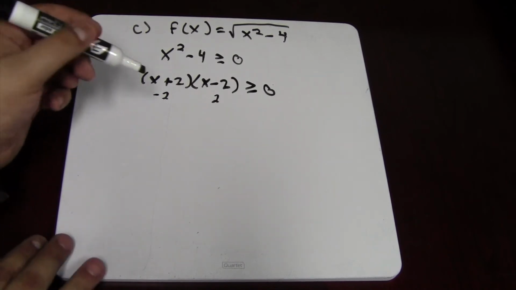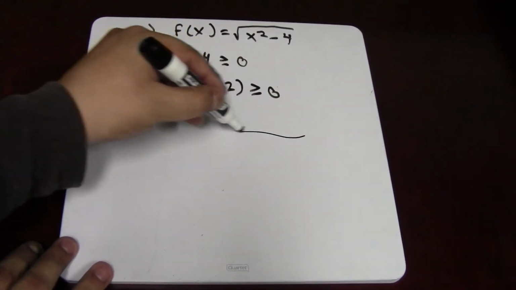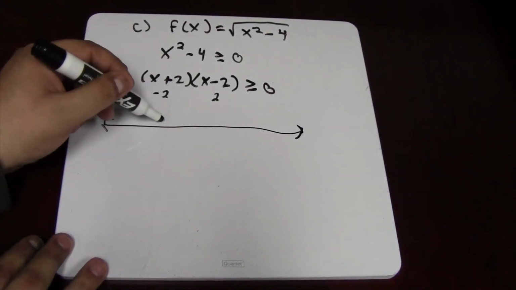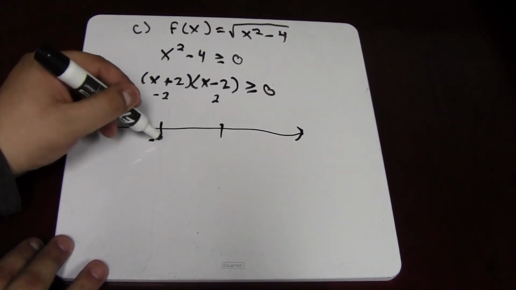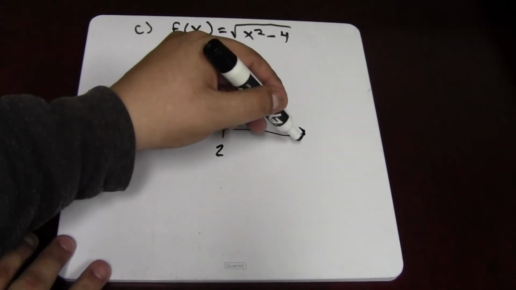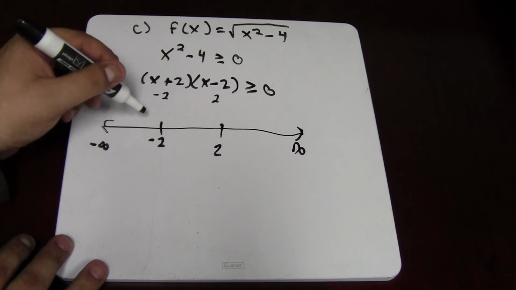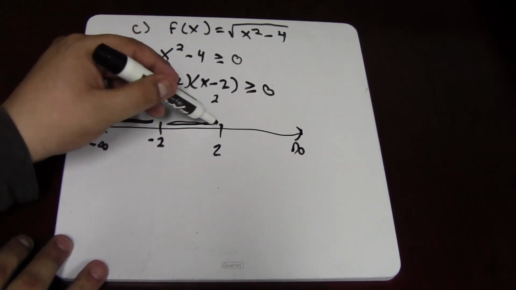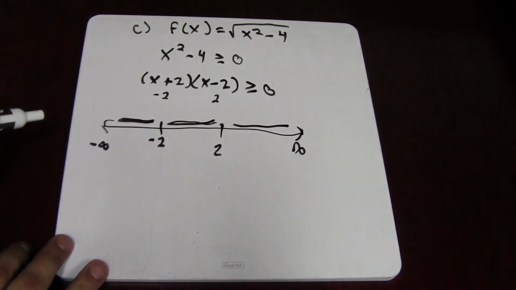If we took a look at this number line, we have to test all of these cases. We have to test here, we have to test this interval, and we have to test this interval.